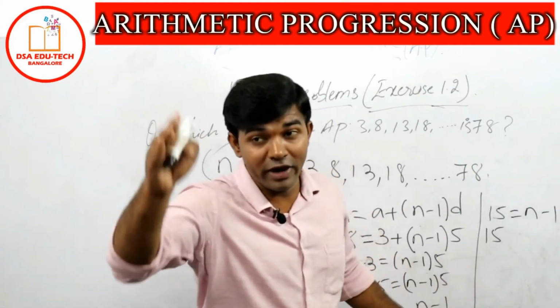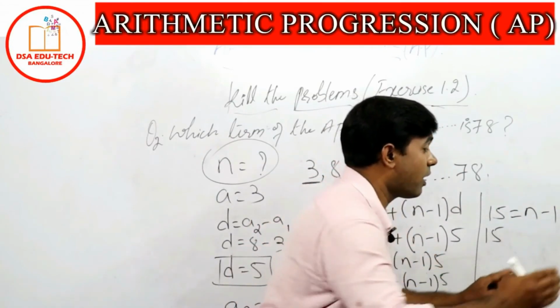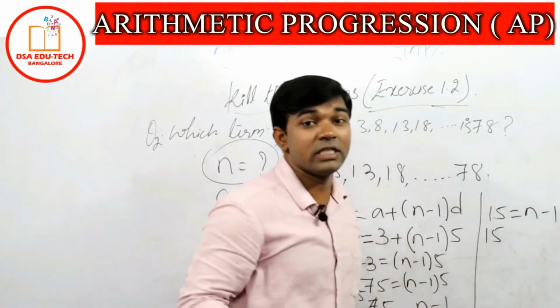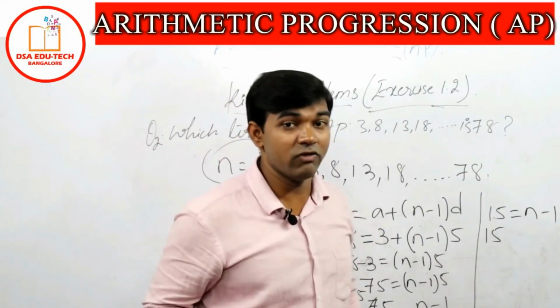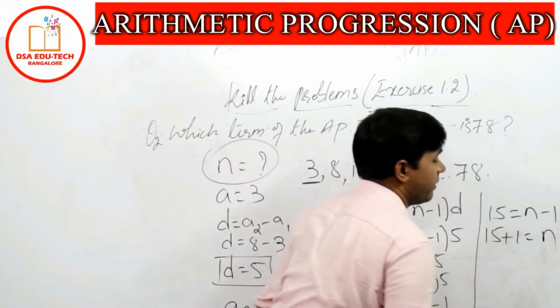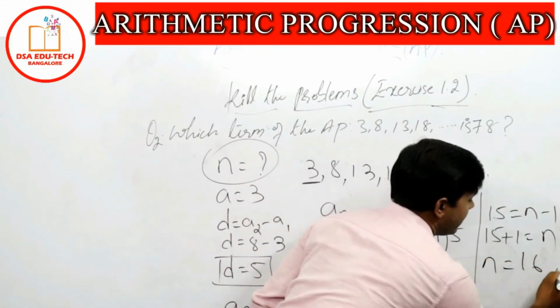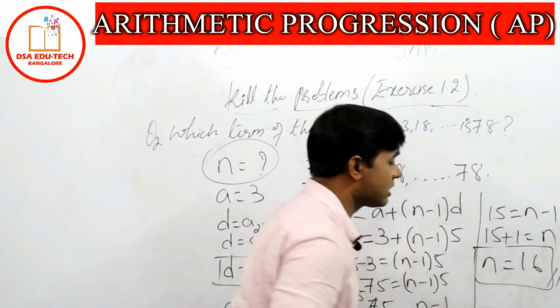Sign would change. Very good. Minus 1 is there. When I bring from RHS to LHS, it will become plus 1. So let me write 15 plus 1 is equals to n. So basically I will get n is equals to 16. N is equals to 16 and that is our answer.